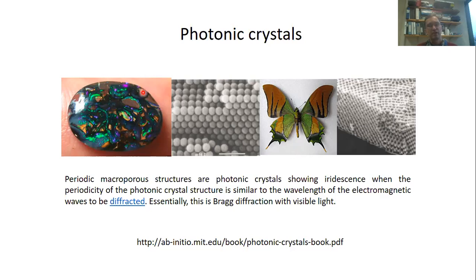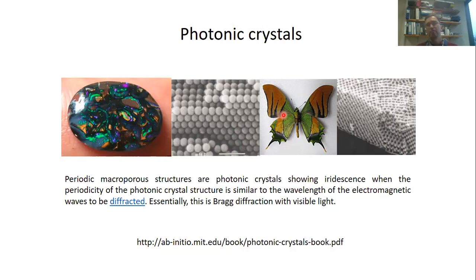For example, opals are photonic crystals of silica spheres that are arranged in a highly periodic close-packed structure. So if you take a scanning electron microscopy image of an opal, then you will actually see, as shown here, that the opal is being made of spheres that are arranged in a highly ordered, close-packed structure. So butterfly wings are another kind of photonic crystal made of a macroporous material.